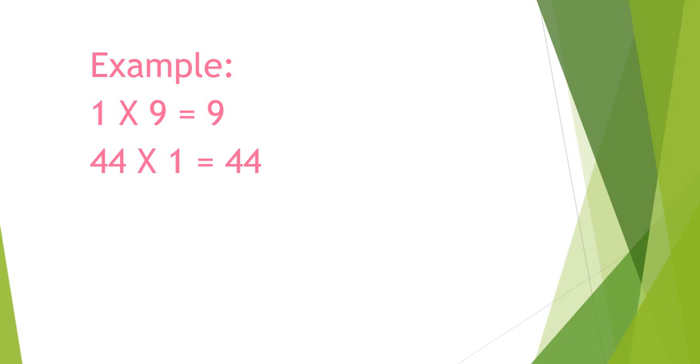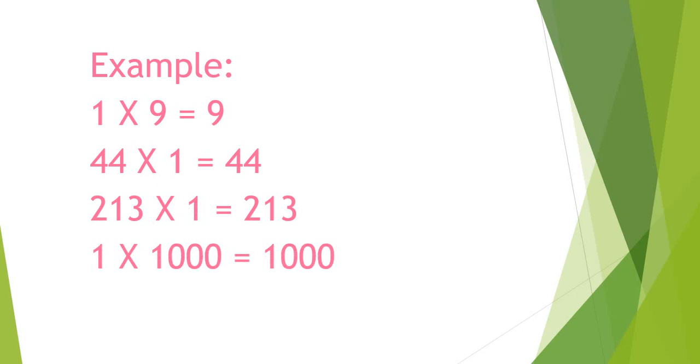So if you write 1 multiply 44, the answer is 44, and 44 1s is also 44. 213 multiply 1 is 213. 1 multiply 1000 is 1000. So children, always remember, when you multiply any number by 1, the answer will be the number itself.